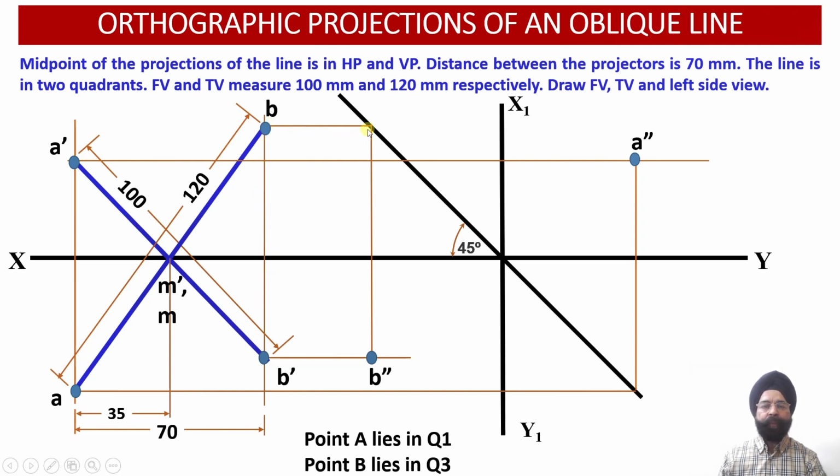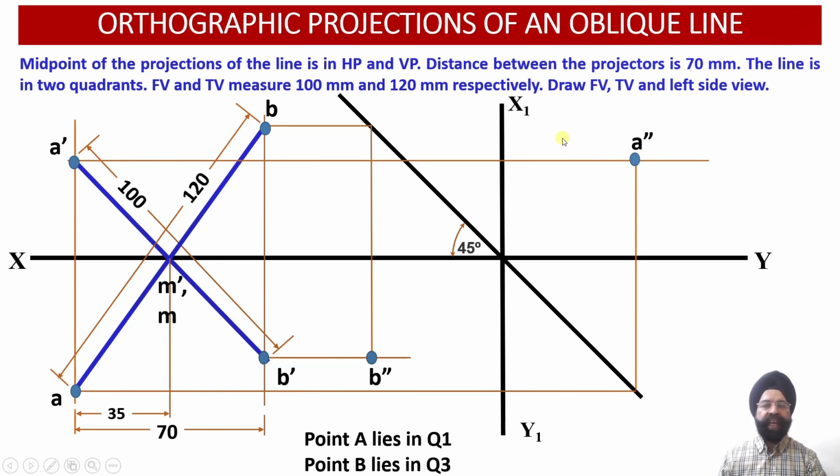Now the moment I obtain this transfer point, this distance is equal to this distance. So this distance is also the same as this distance, because we have marked a transfer line at an inclination of 45 degree. So it is the same distance of the point B behind the vertical plane. So this was in front of the vertical plane and this is behind the vertical plane.